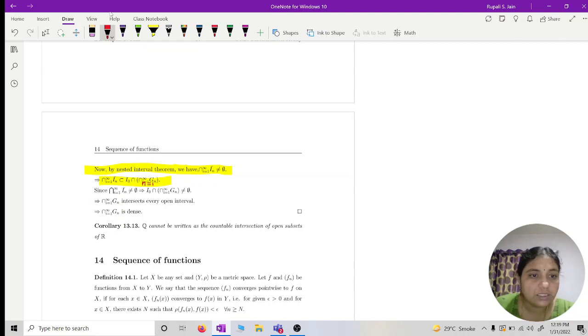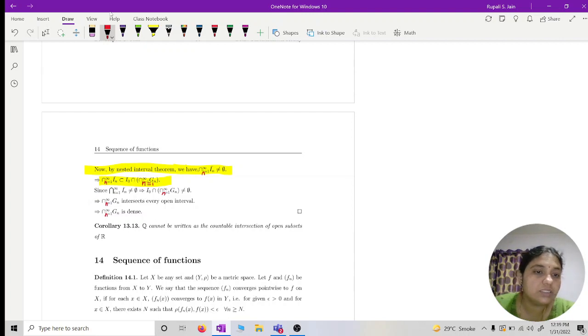You can change the subscript everywhere to n equal to 1 to infinity. These are typing mistakes, you can understand this easily.